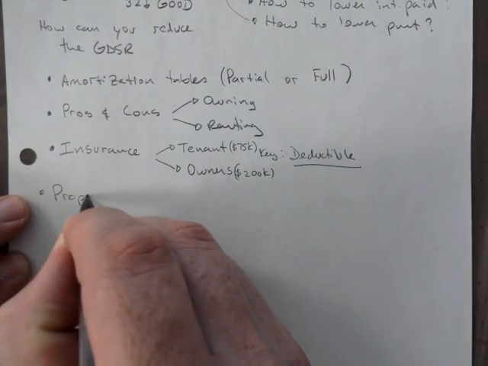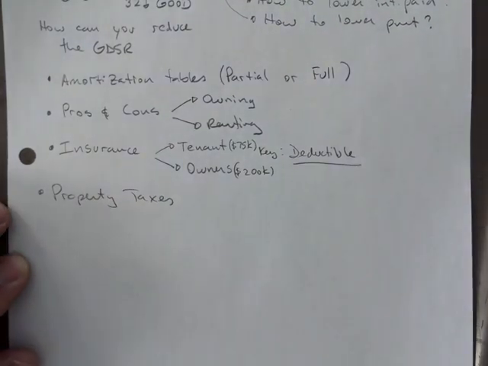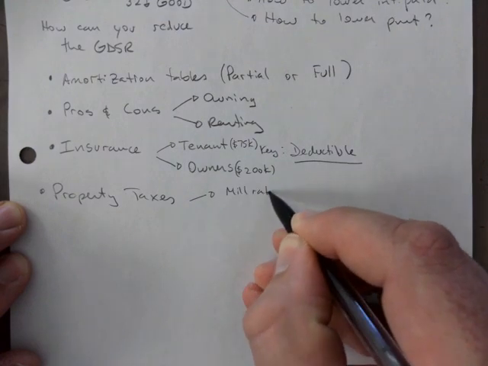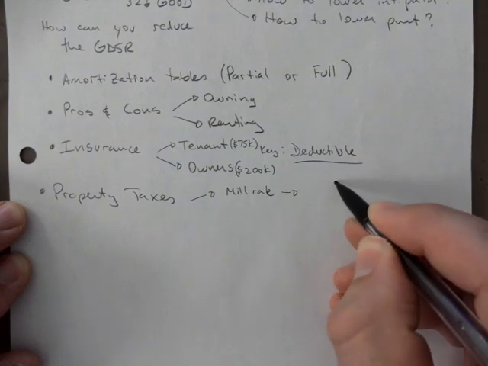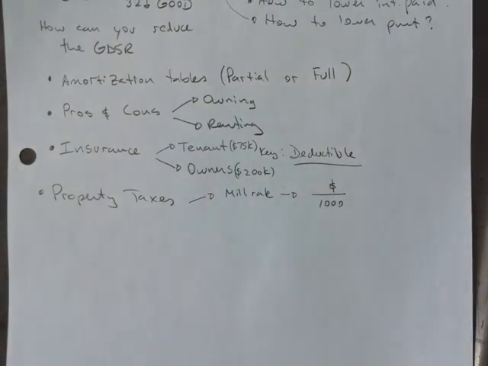Property taxes. If there's a mill rate, what does that mean? You should have a dollar amount over 1,000. If you have a mill rate, you need to divide that by 1,000. You've got to remember that.